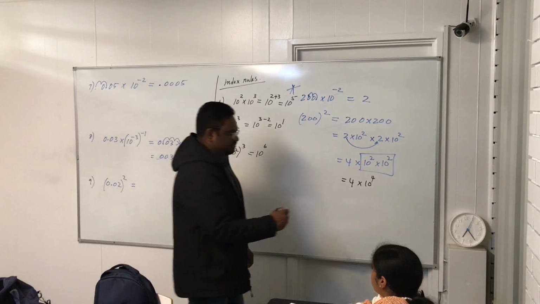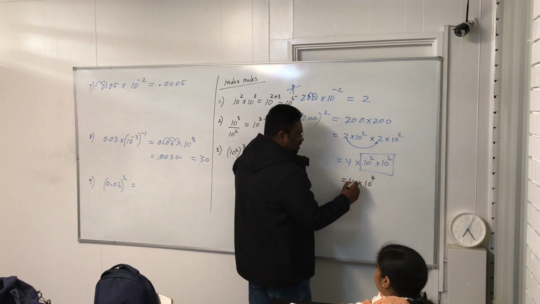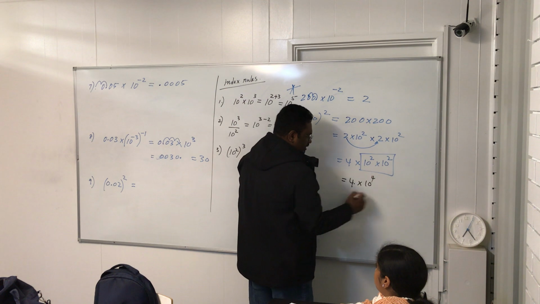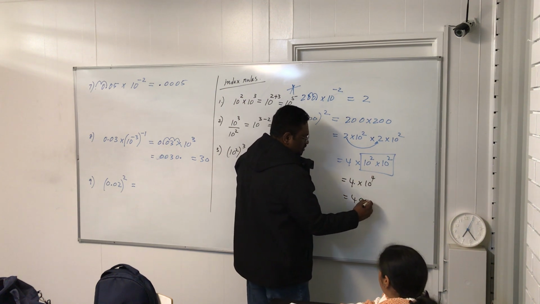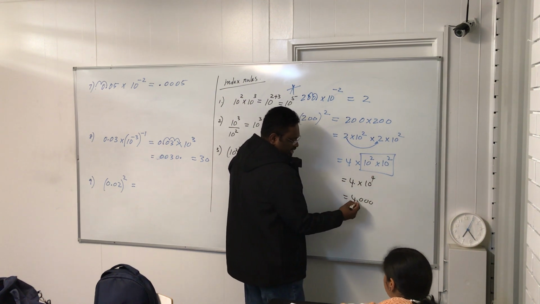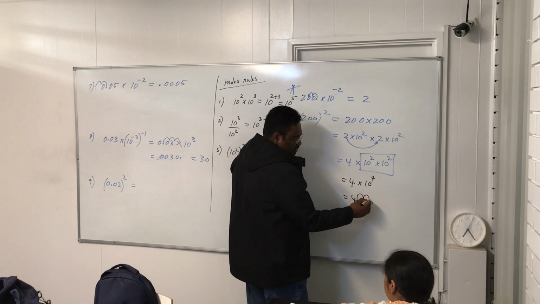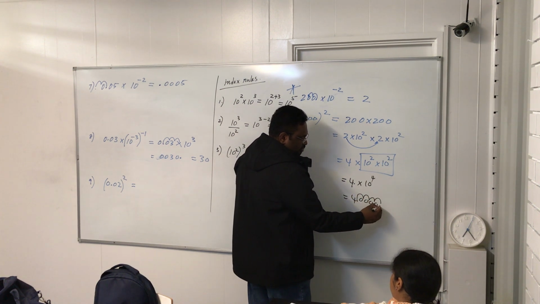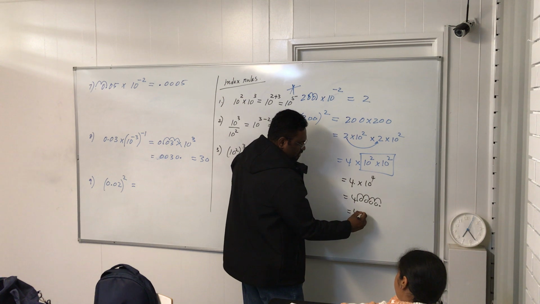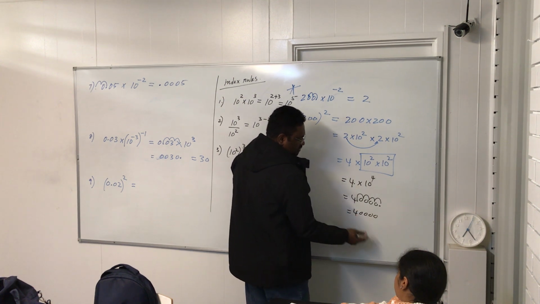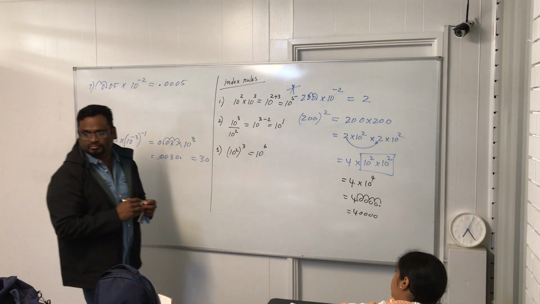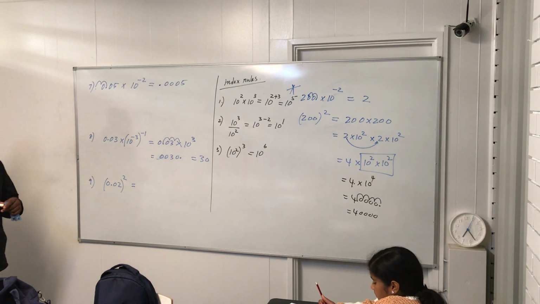So the decimal point is here, and you are moving 4 times. So it's going to be 4 0 0 0. Moving 1 2 3 4, there is another 0. So the answer would be 40,000. Any questions there?